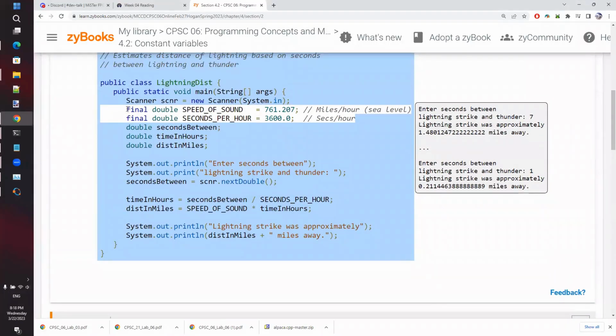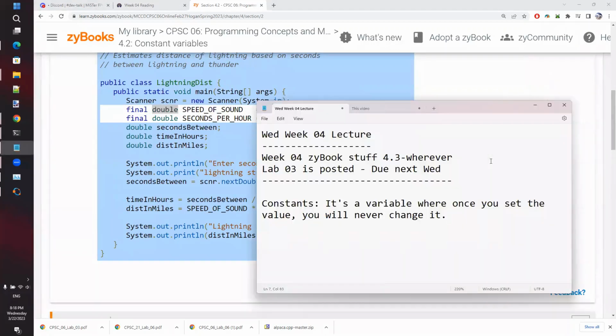So the way you do it is, as it says here, you just use the word final in front of whatever it is. You can do an int x equals 5, for example. You could do a double y equals 2.3, for example. These are just variables.